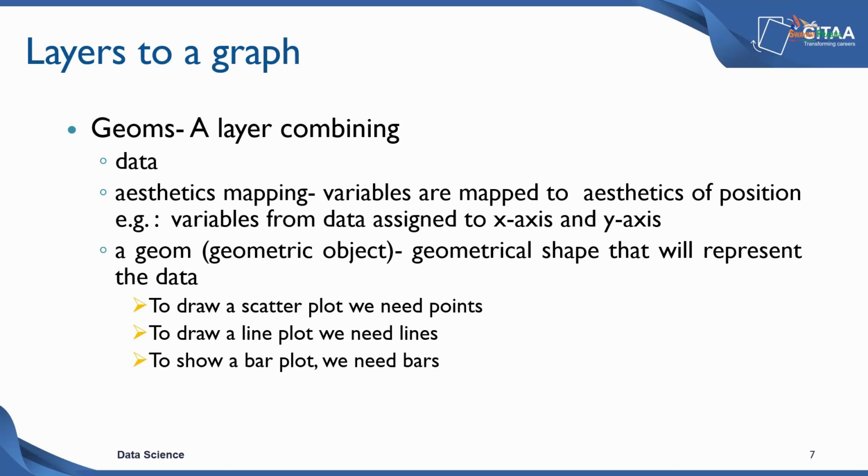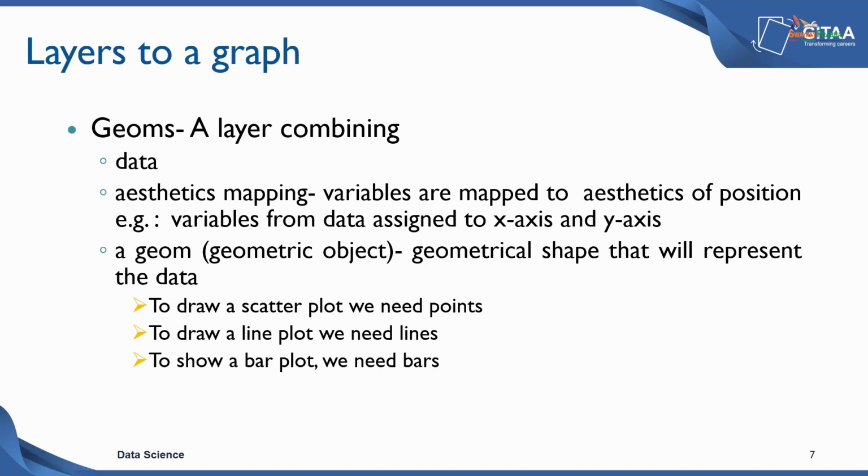Then we go to aesthetic mapping, where variables are mapped to the aesthetics of position. If I have a data set and I have my variables in mind, then I just want to map them to a certain axis. So let's say I have a rectangular coordinate system, also called Cartesian coordinate system. Since this is a rectangular coordinate system, I have an x-axis and a y-axis. So I am going to map the two chosen variables to the x-axis and y-axis respectively.